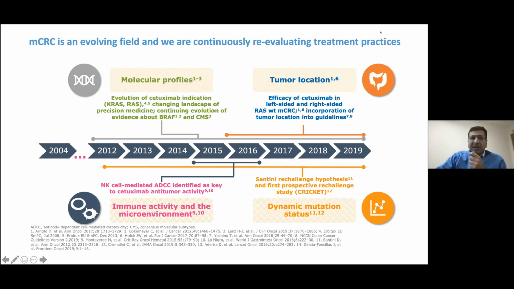Sidedness plays an important role in choosing the treatment modalities, in planning the treatment, and in the outcomes. The immune activity and the microenvironment also play a role in choosing and predicting the therapies. We also know that many of these mutations are dynamic. That is, they change. They are not static. That also we will discuss.